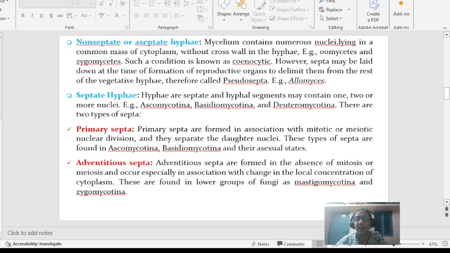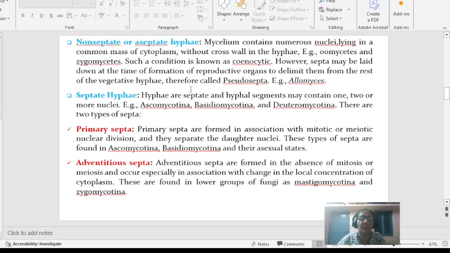In the aseptate hyphae, numerous nuclei are present in a common mass of cytoplasm without cross walls. Examples are in oomycetes and zygomycetes, and this condition is known as coenocytic.